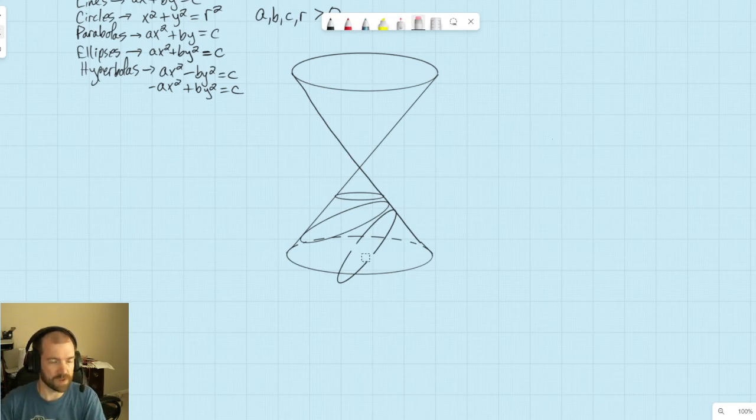So if you slice this way, what's going to happen is that this actually follows the path of the outside of the cone. And it never quite makes it back to the bottom. It never starts closing in again. So it's just going to continue going out further and further, here and also here. So this makes a parabola.